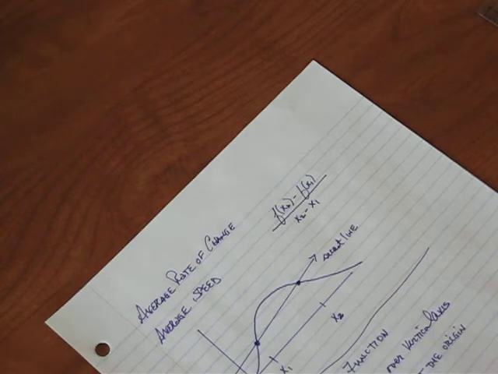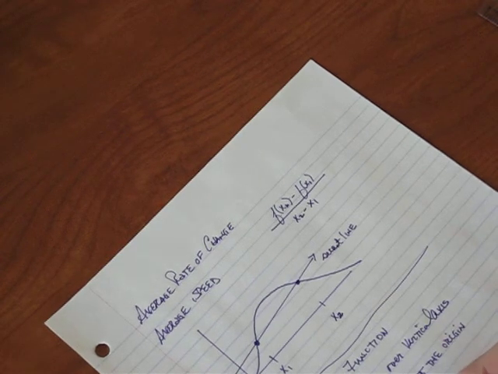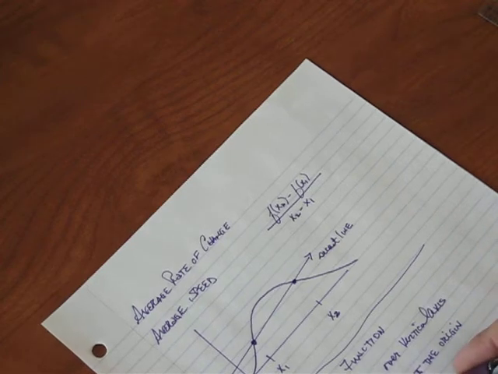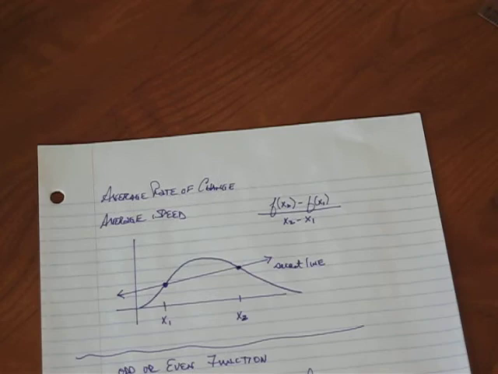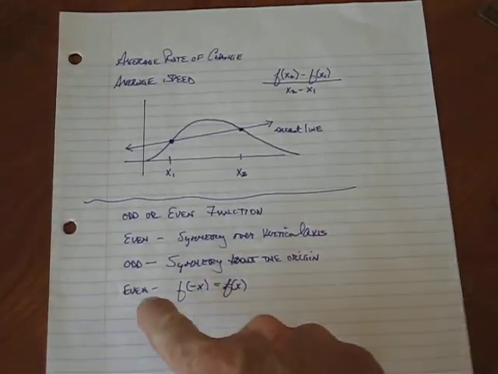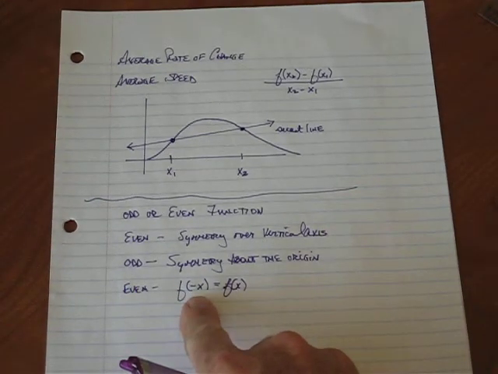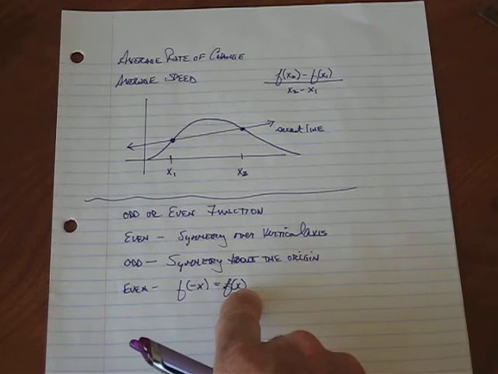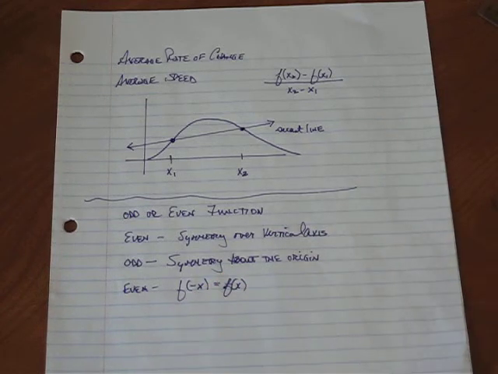The function value of a negative domain value is going to equal the function value as if you had plugged in a positive domain value. So a function is even if when you plug in a negative, you get the same answer as if you had plugged in a positive.